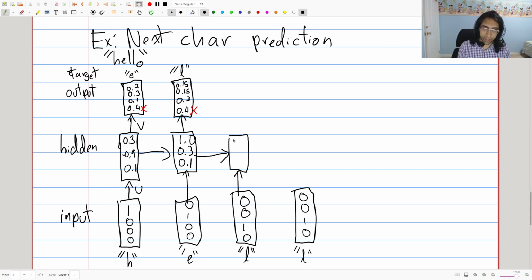Maybe this one will be 0.1, 0.3, 0.5. And then maybe it'll give us some sort of output vector that looks like this. And this one, the target is L, and this time it actually is correct. So that's good. And then maybe the last time step, it'll look something like this.